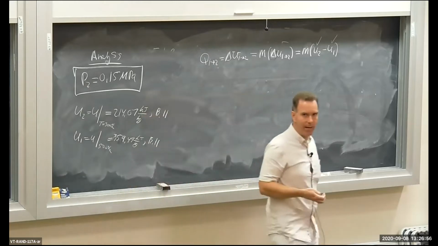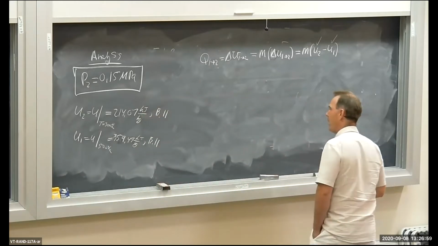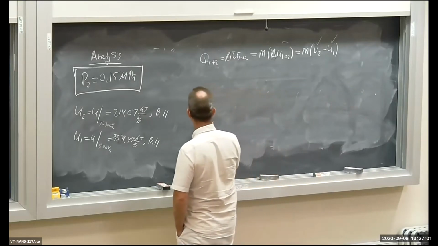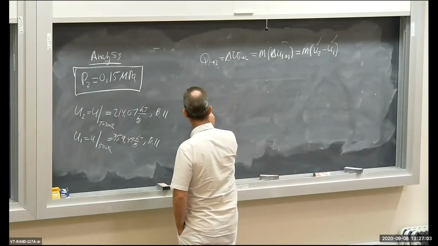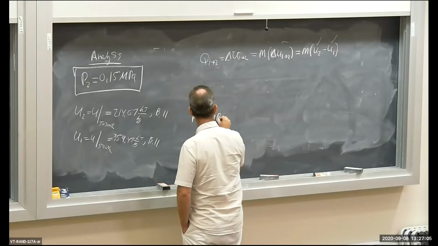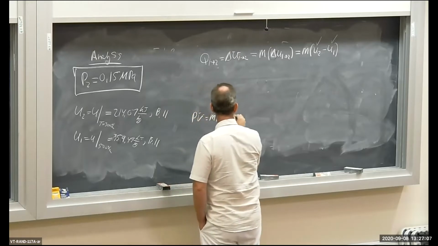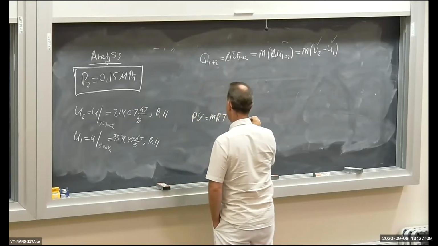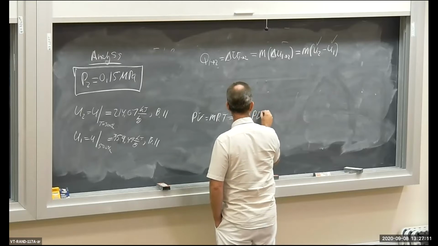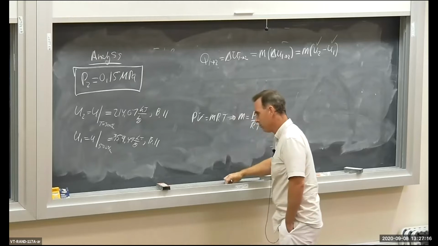Well, let's use the ideal gas law. PV equals mRT. So the mass is equal to pressure times volume divided by the gas constant times temperature.